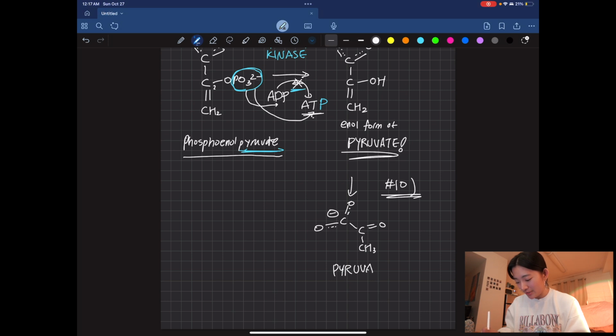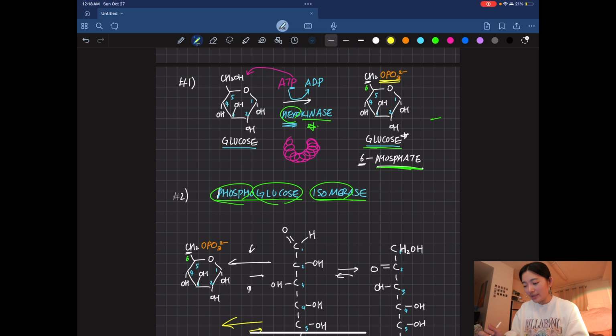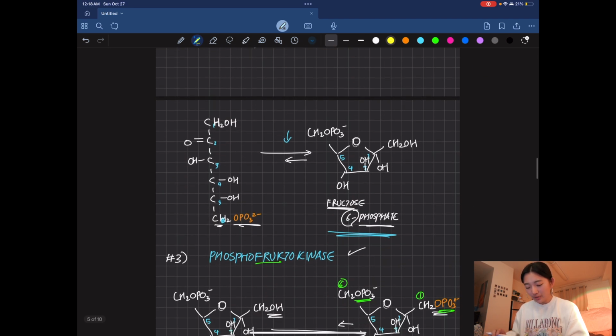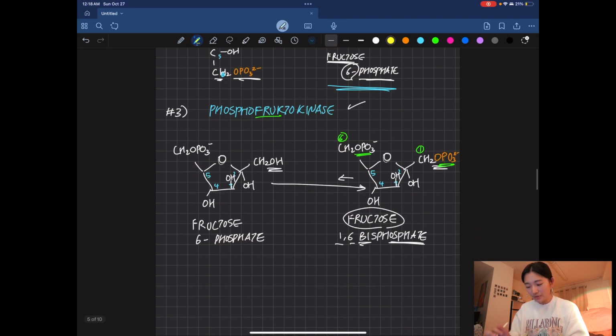As much as I want to just end the video here, I do think we need to talk about what energy we spent and what energy we got. So step 1, we phosphorylated a glucose molecule. And that took an ATP, right? Because we needed the phosphate group in order to do that. So we used 1 ATP here. Similarly, we also phosphorylated using a kinase, a fructose phosphate, right?